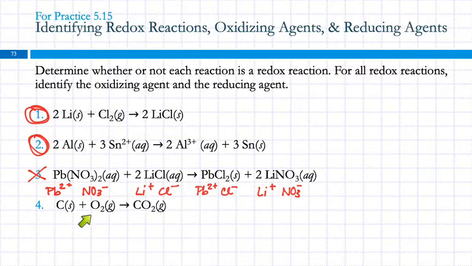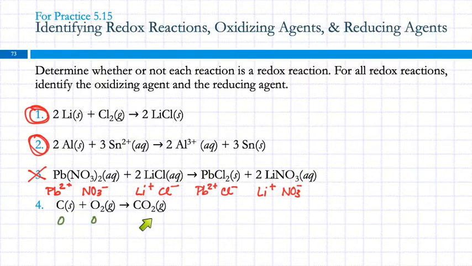Here we have carbon and oxygen. And this forms a molecular compound. This is where oxidation states are going to be more helpful. You could also remember that combustion reactions are redox reactions. But what's the oxidation number for carbon? And for O2? 0.